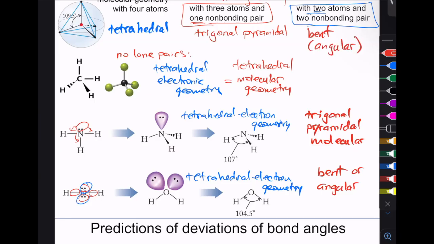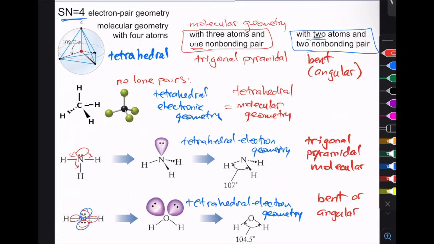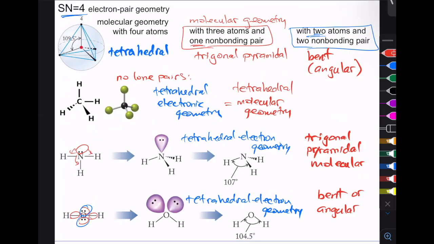And you'll see other examples where it may be bent, but maybe not bent because there's 2 lone pairs. You can explain everything that's not exhibiting hypervalency with these base geometries that go up to SN4, and then these additional names of shapes, right? Trigonal pyramid and bent or angular. Those all explain the molecules that we would find in nature that don't display hypervalency.